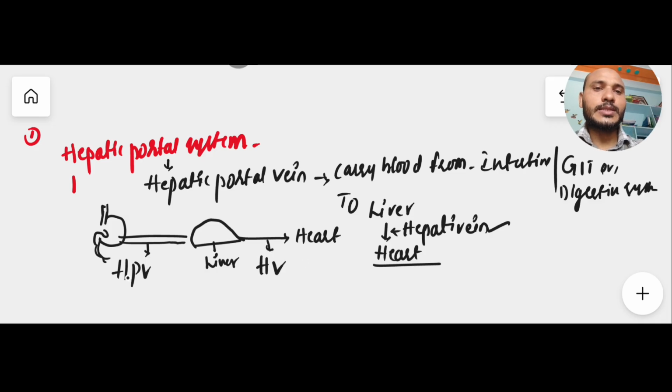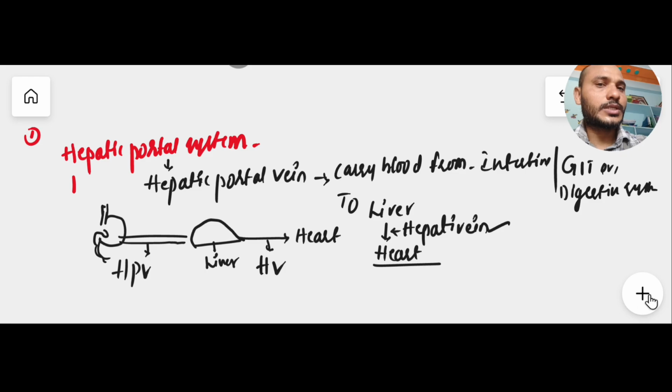So this hepatic portal vein carries blood from the intestine directly to the liver, and the blood from the digestive system does not go directly to the heart. There is one organ between the heart and the digestive system, that is the liver. Hence this portal system is called the hepatic portal system.